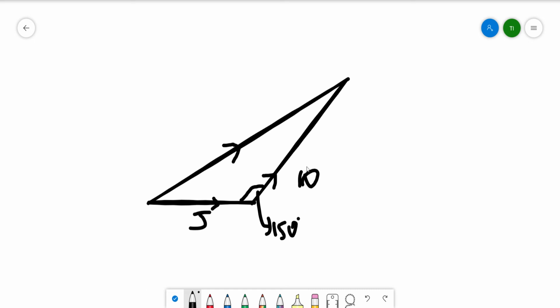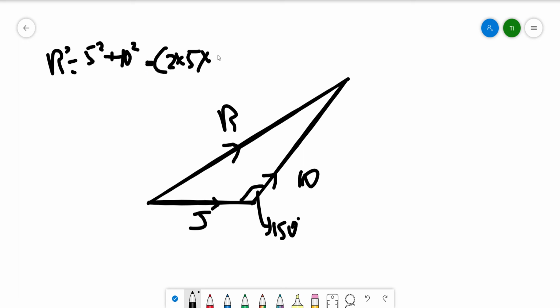So using the cosine rule, which I hope you all remember, if you don't, the cosine rule is, let's say this is r, so r square is equal to 5 square plus 10 square minus 2 into 5 into 10 into cos 150.